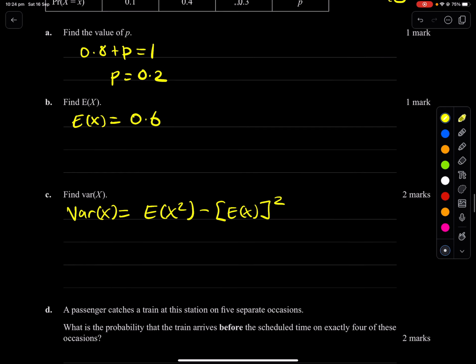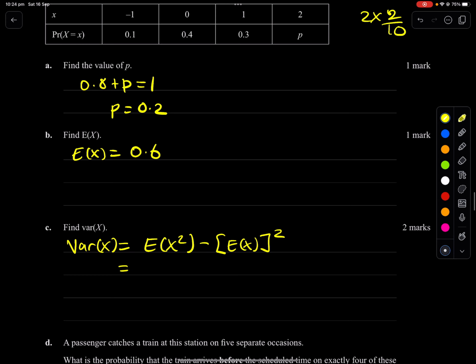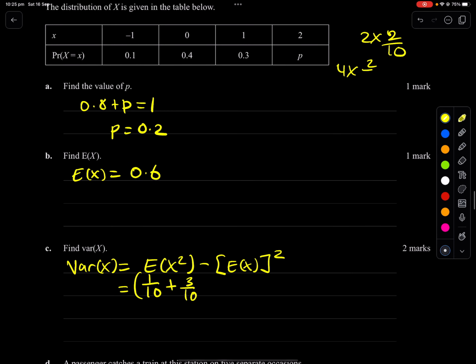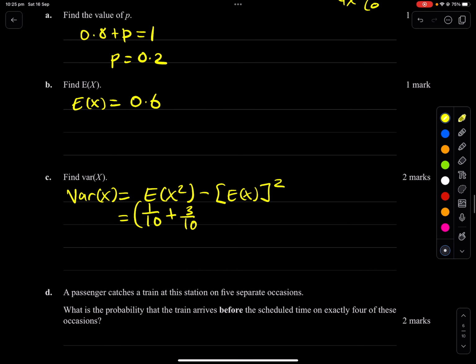Sorry, I forgot the all squared. So what's -1 squared? It's just 1. Then 1 times 1/10. Plus 1 squared, yep, so that'll be 3/10. 2 squared, which is 4. What's 4 times 2 on 10? So 8 on 10.